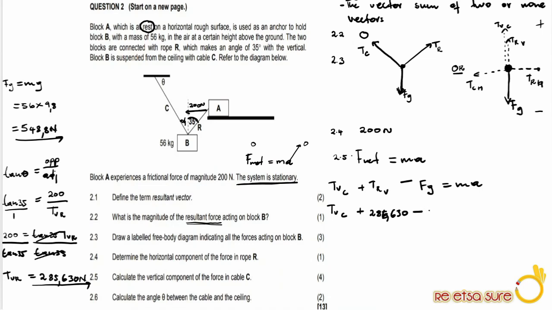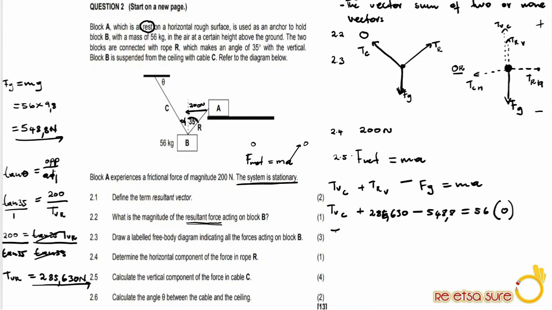Our FG is 548,8 Newton, which is equal to the mass of our object, 56, multiplied by the acceleration of the system, which is 0. Why 0? Because the system is stationary.